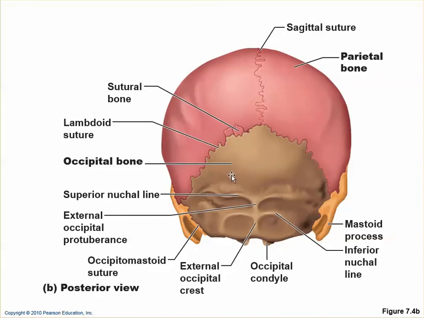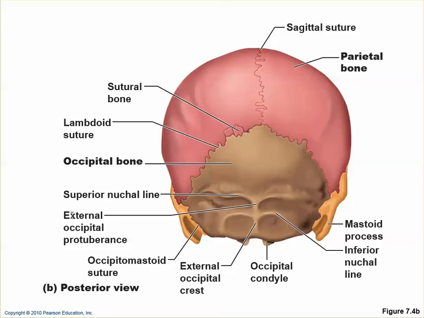It looks like this. There are various lines on it. We call them nuchal lines, which means neck muscle lines, superior and inferior nuchal line. There's a protuberance here that's palpable as something that's quite large, the external occipital protuberance. Which brings me to a point.